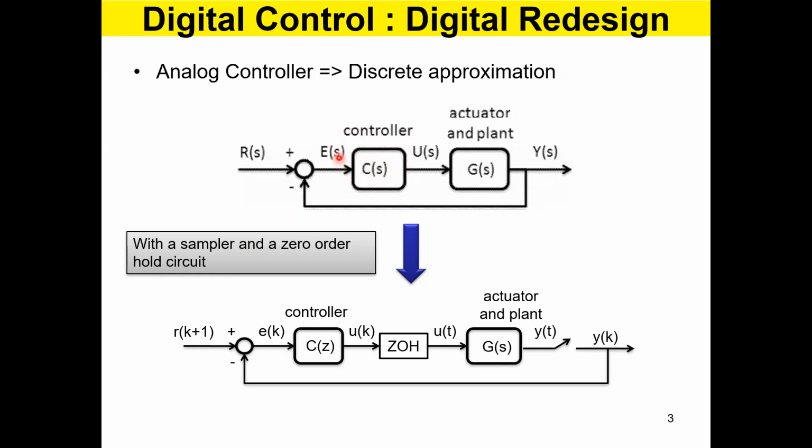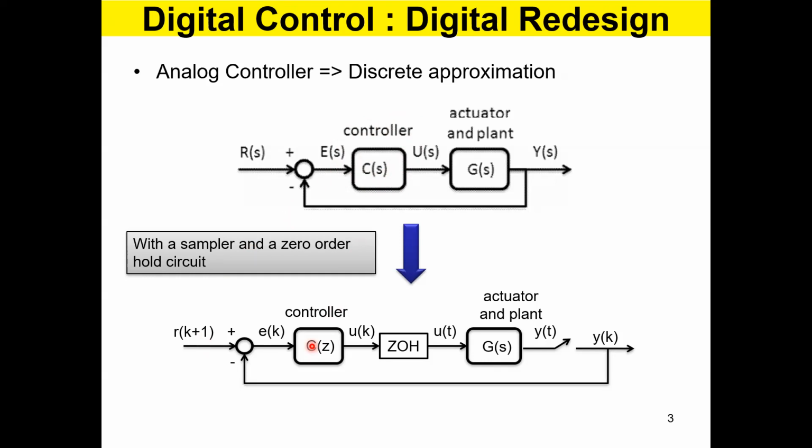You have developed it in continuous time. So you don't need to develop it again for discrete time. You take this one available controller and convert or transform it to the discrete world. This is why I said to you, we are not actually doing something totally different here. We are approximating the continuous time controller with a discrete time controller.